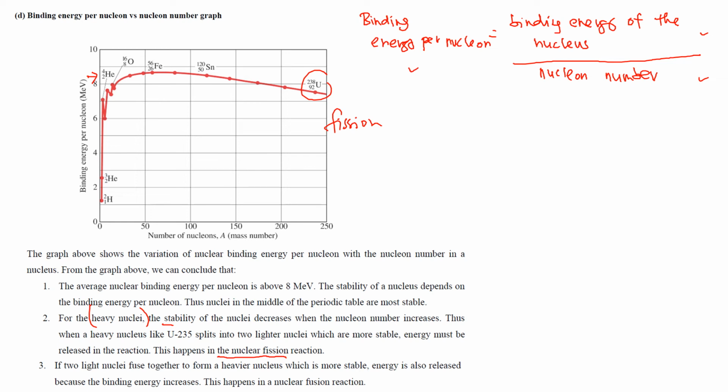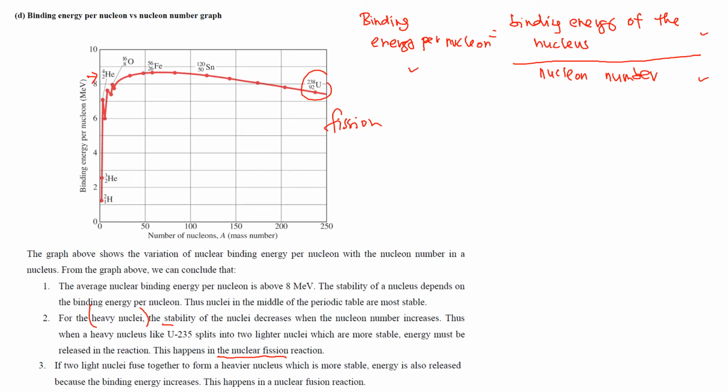Okay, now you need to know from the graph. Okay, so kenapa dia belah? Sebab dia ada kaitan dengan binding energy per nukleon dia. Okay, so if two nuclei fuse together to form a heavier nucleus which is more stable, energy is also released, because the binding energy increases.